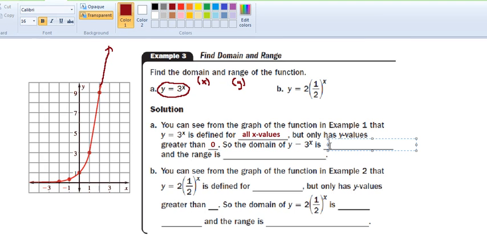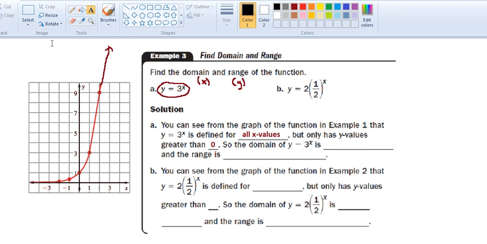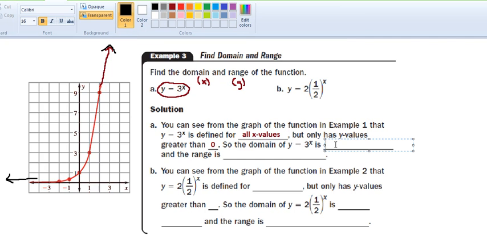So this domain, or as we are going to put it, the x values or the x stuff, since it goes forever to the left, and it's a little hard to see, but it's going to go forever and ever to the right, what we're going to say is that the domain, or the x stuff, is all real numbers.